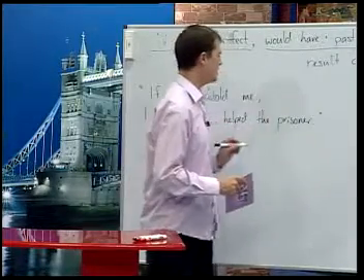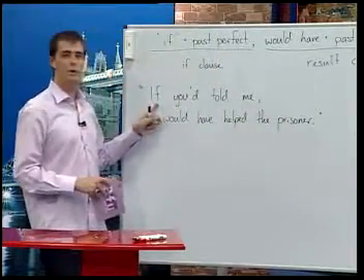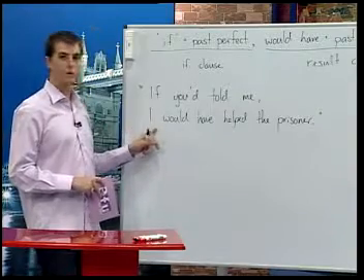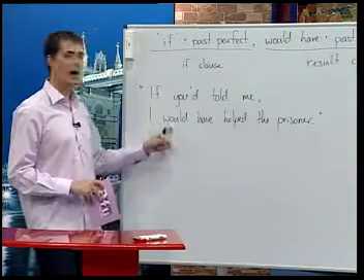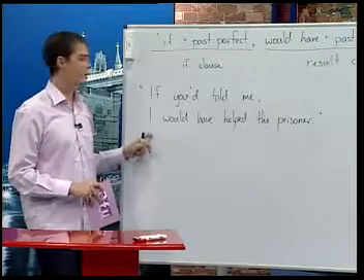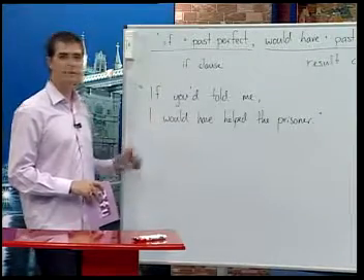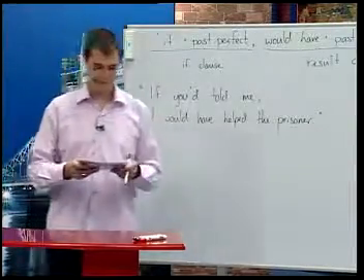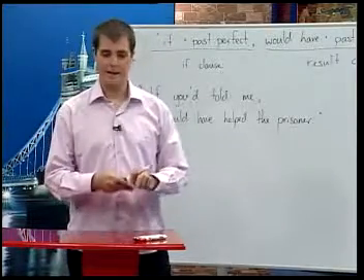So for speaking, we'd say, if you'd told me, I would have helped the prisoner. Just be careful, it's not I would have, but I'd have. If you'd told me, I'd have helped the prisoner. That's when we're speaking. Well, let's practice these now.